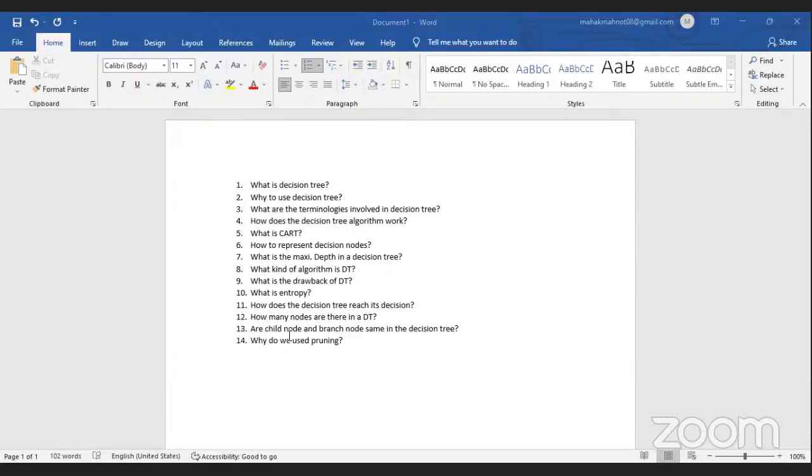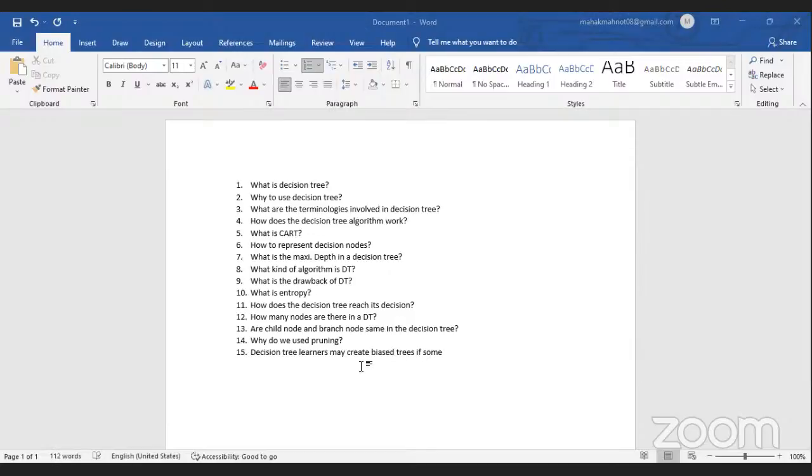Next question I'm asking: decision tree learners may create biased trees if some classes dominate. This kind of tricky question might come up in your interview.